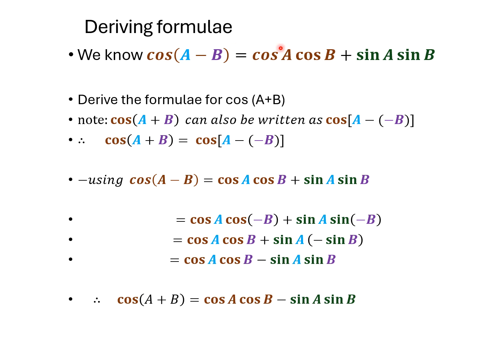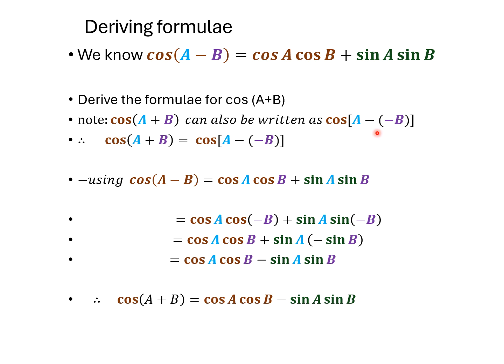Right, so in the first problem, deriving the formula, we know from the previous slide that cos(A minus B) equals cos A cos B plus sin A sin B. Now in the exam we would say given this, derive the formula for cos(A plus B). So that was A minus B, now I have A plus B. So I must write this with a negative, so cos(A plus B) can also be written as cos(A minus minus B).